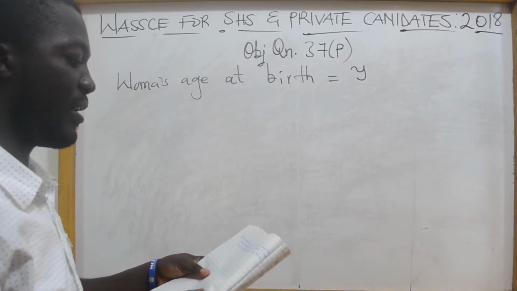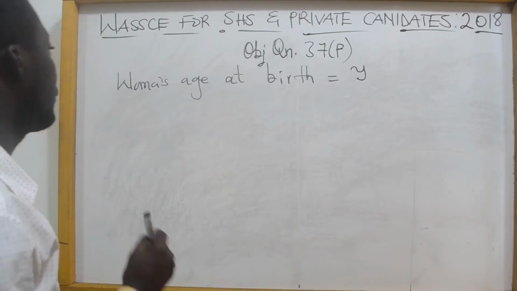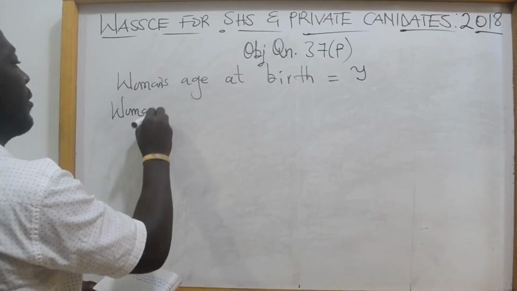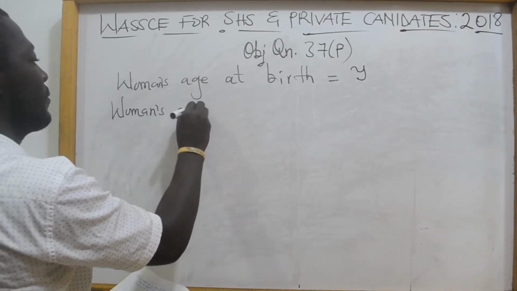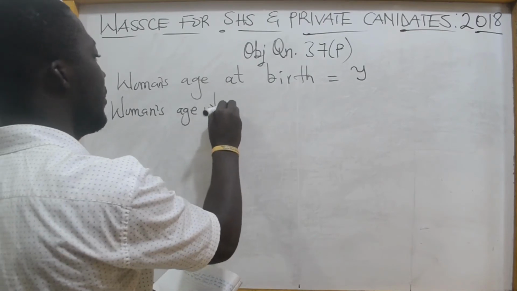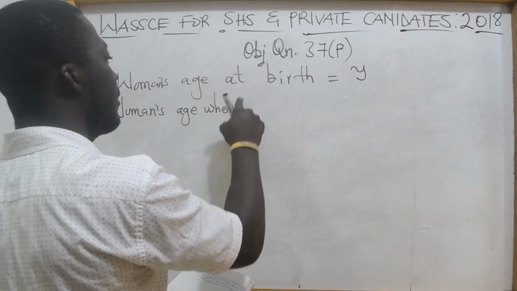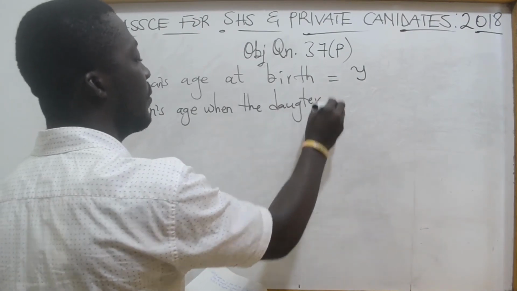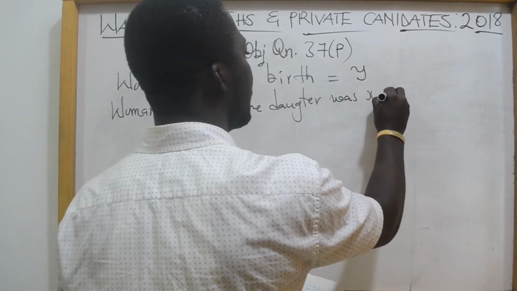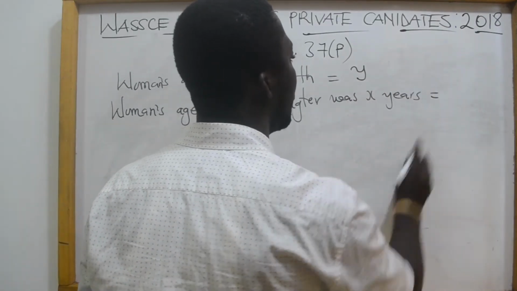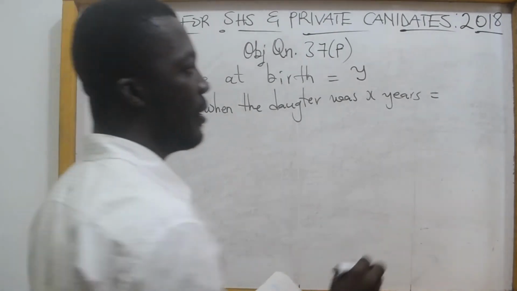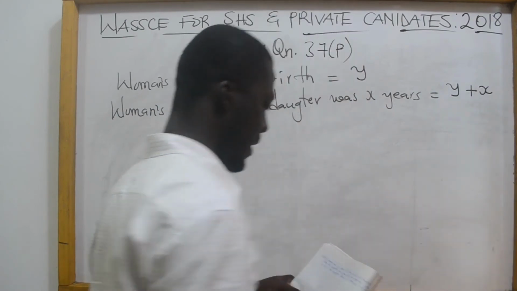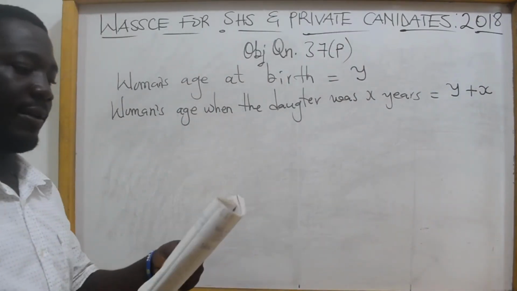So when the daughter was x years old, woman's age when the daughter was x years is equal to the woman's age plus the daughter's age, which is y plus x.